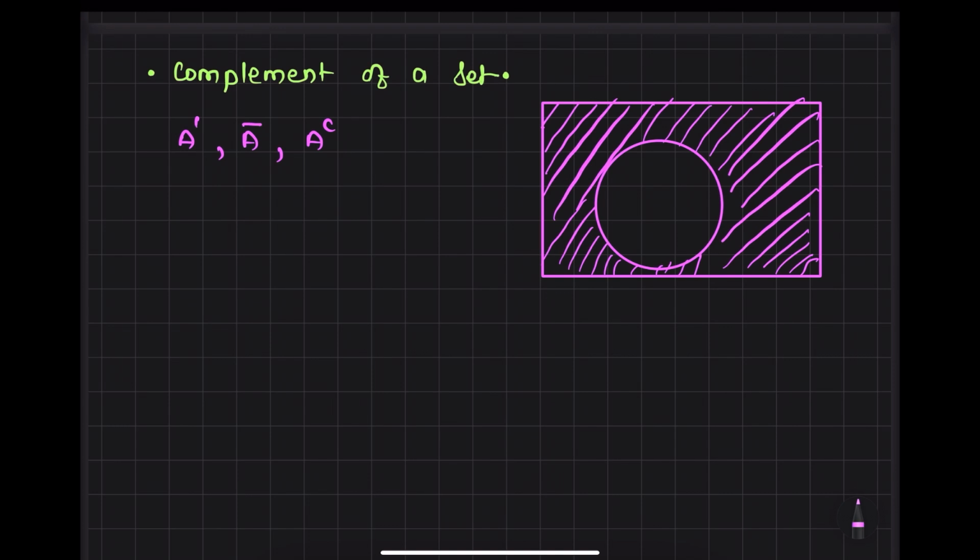Okay, now the point is, suppose that if I will give you this question, A union B, and I am talking about bar, what does this mean? You have to reverse everything, that's it.